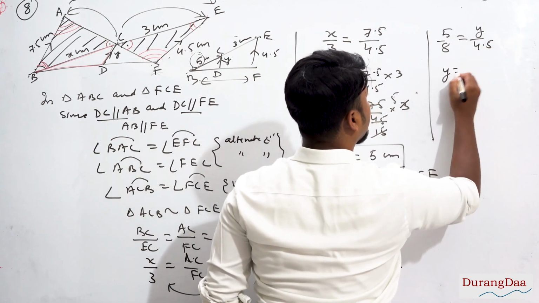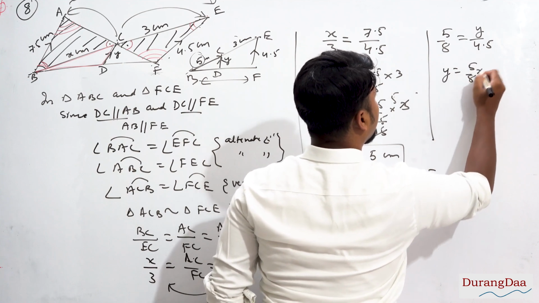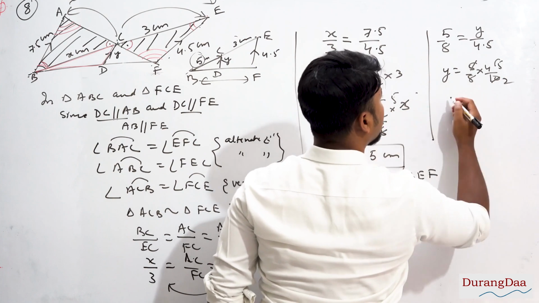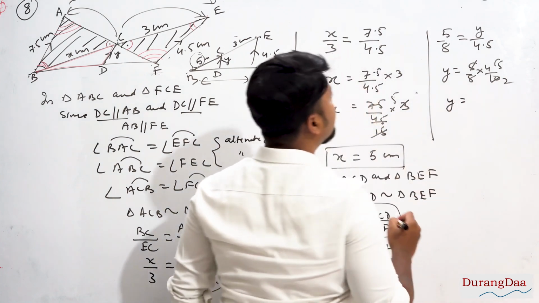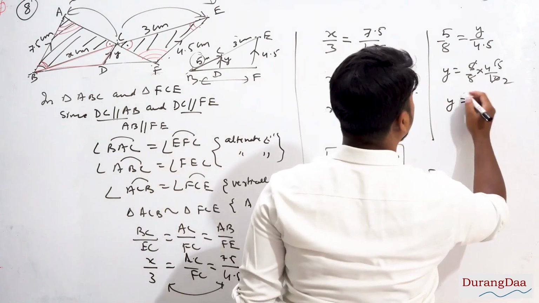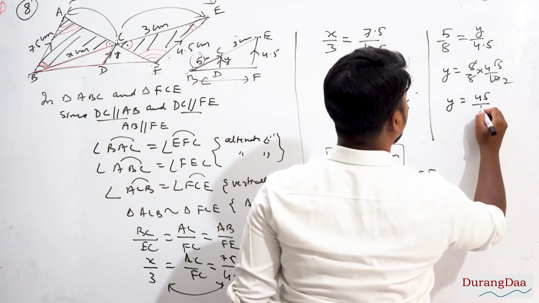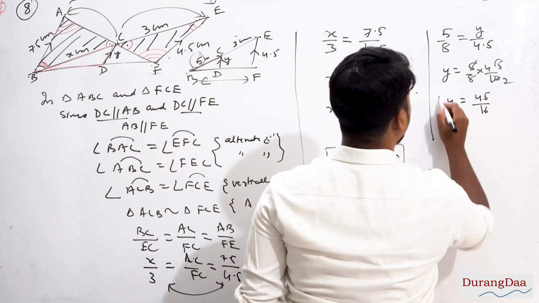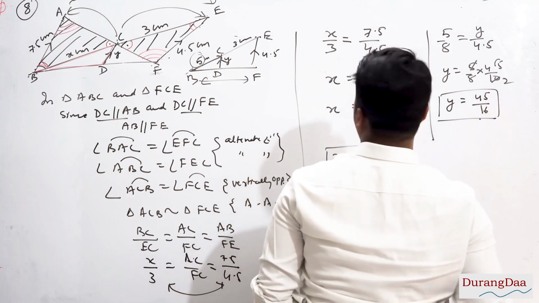So Y is 5 by 8 into 4.5. Remove the decimal here, and then Y would be equal to 45 by 16. So you just solve it and get the answer in decimal.